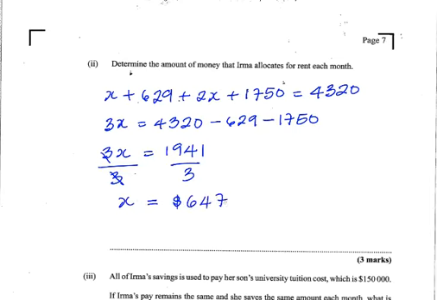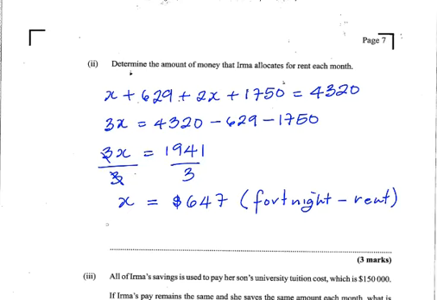$647. So this is the amount for fortnightly rent. Now, there are 2 fortnights in every month. A fortnight is 2 weeks, and there are 4 weeks in a month, so there are 2 fortnights in a month.